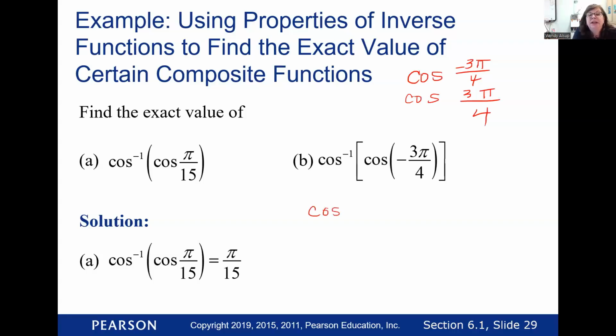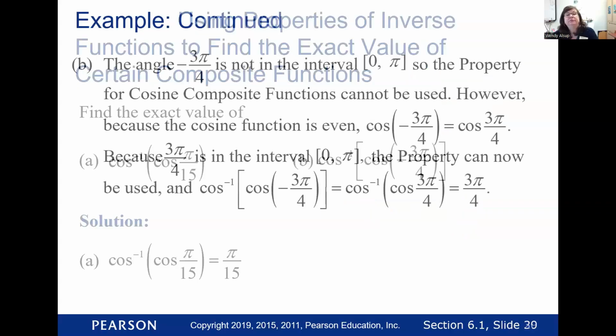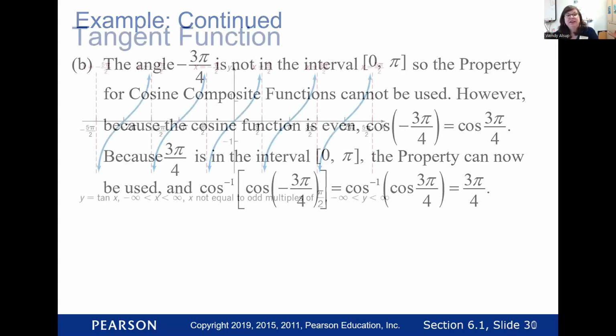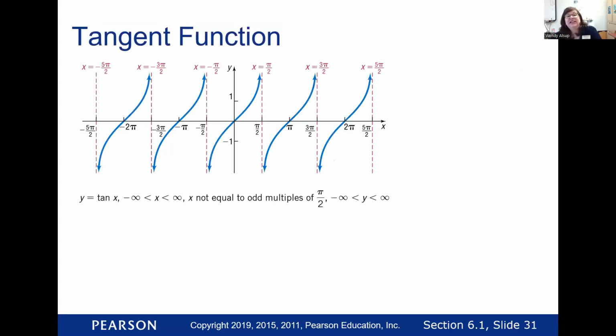Inverse cosine of the cosine of 3 pi over 4. Yeah, that's just going to be 3 pi over 4. So since it is even, we actually could take it, even though the original problem was not in the appropriate domain. There's a long explanation for that. There you go.